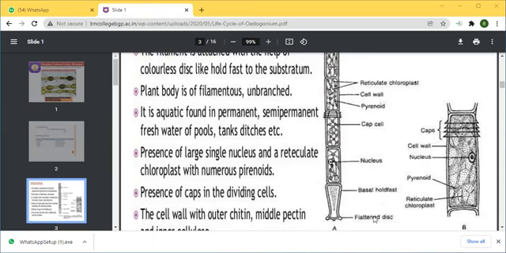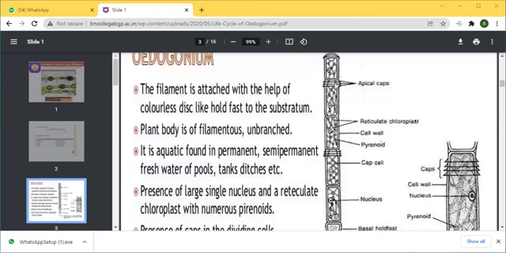Okay. Next one, the second point: the plant body is filamentous. Yes or no, girls? You can observe the filamentous plant body is unbranched. Here branches are totally absent, girls. Filament plant body, unbranched. It is aquatic, in permanent and semi-permanent freshwater pools, tanks, lakes, ditches.